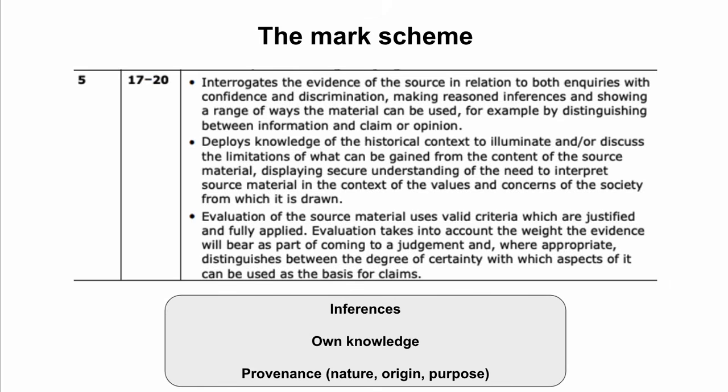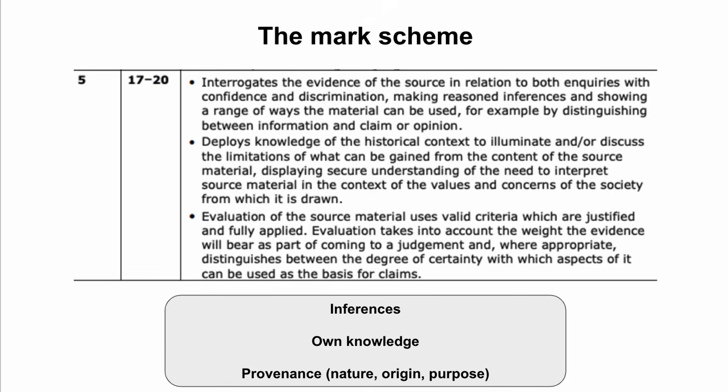The second bullet point is about use of own knowledge to illuminate, to discuss the strengths and limitations of the source. Also, that point talks about the values and concerns of the society from which the source is drawn. So this is the idea of understanding and highlighting the broader context of the source.